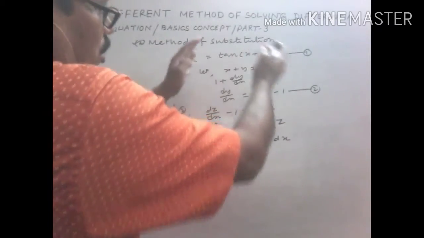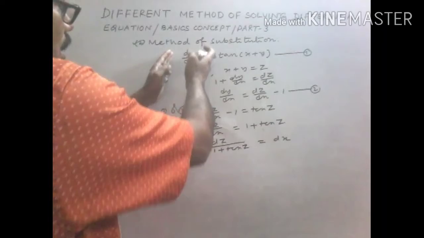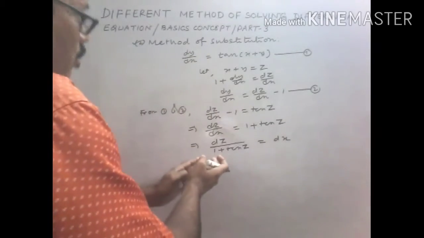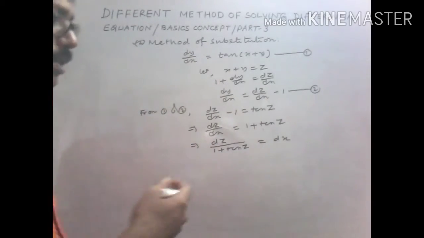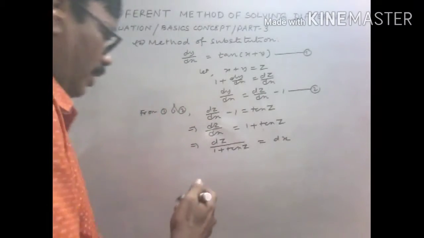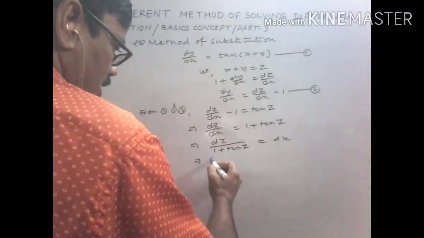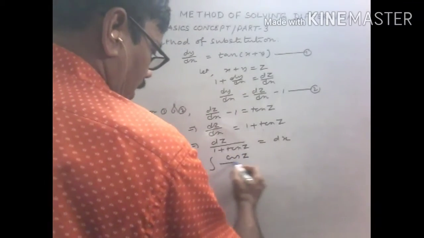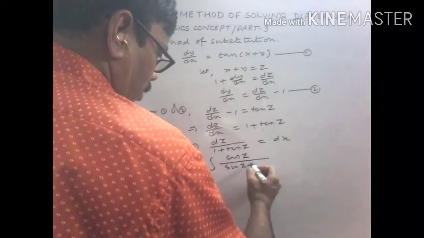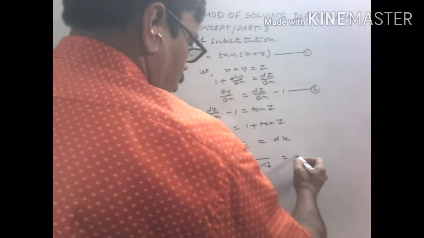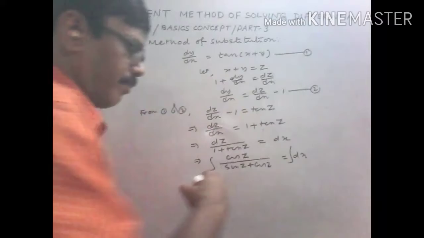So putting some suitable transformation, the differential equation can be reduced to the process of separation of variables. So take integration. So this is cos z by sin z plus cos z equals dx.